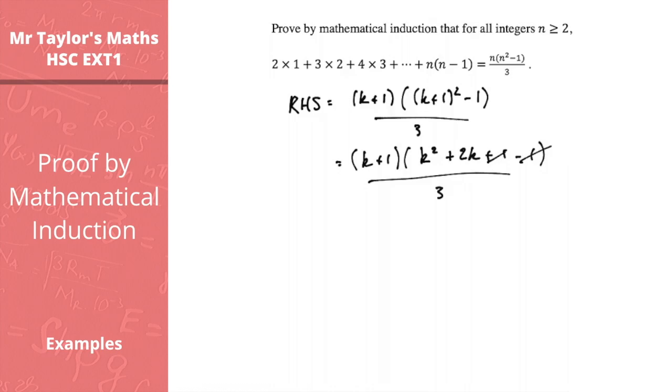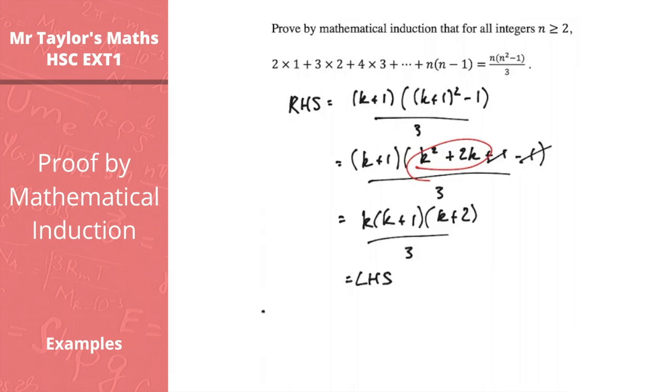Of course the ones cancel there, and there's a factor of k in those terms. So I can go k plus 1 and k plus 2 all over 3, which is my left hand side. So we did it. So therefore proven by mathematical induction.